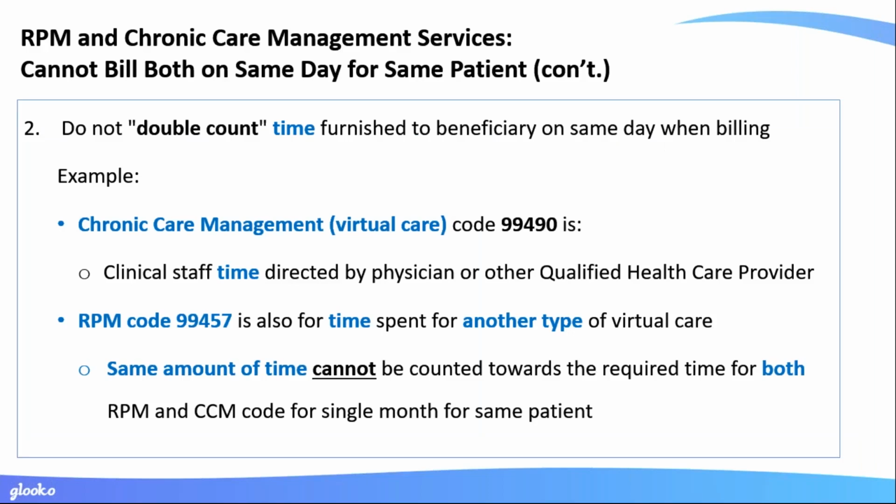The other thing to bear in mind is you cannot double count. You cannot double count time. So if Martha's getting chronic care management and at the same time, same month, you're doing remote monitoring, and you want to count 3 minutes of chronic care management, which is time-based, and you want to count those same 3 minutes for remote monitoring code 99457, that same 3 minutes, 10 to 10:03 in the morning, you cannot do that, okay?